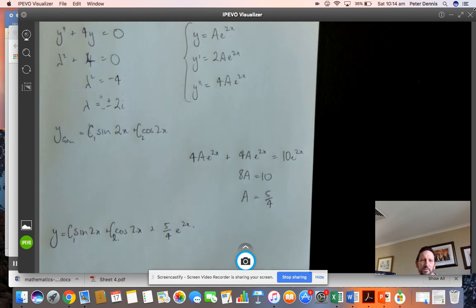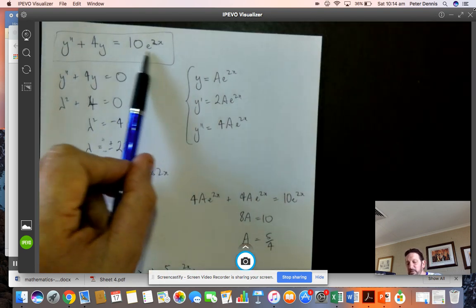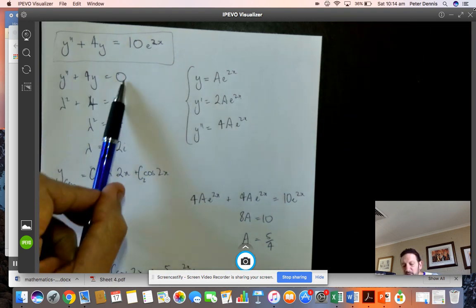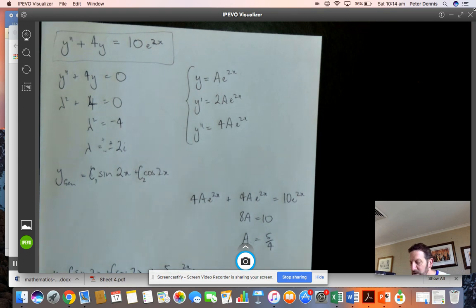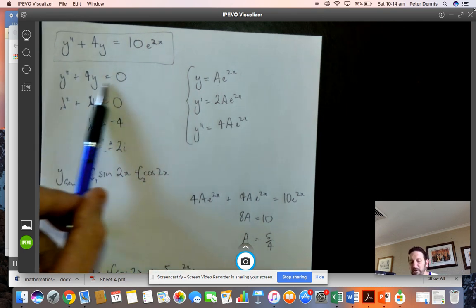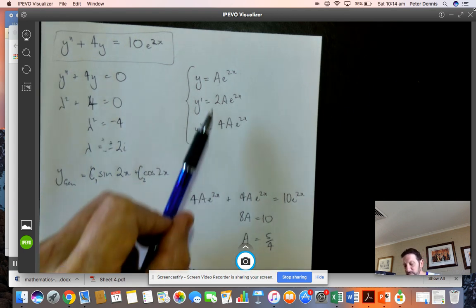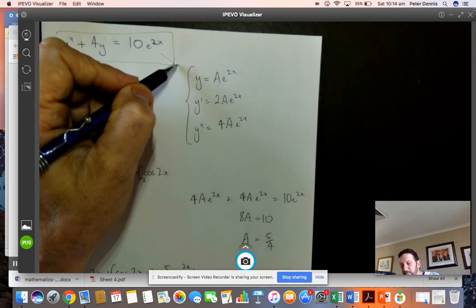This is a specific solution. So when there is something on this side and it's inhomogeneous, this would be homogeneous because it equals 0. This is inhomogeneous because there's some function over this side. Then we consider it to be homogeneous, find a general solution here, and then the specific solution for this part.